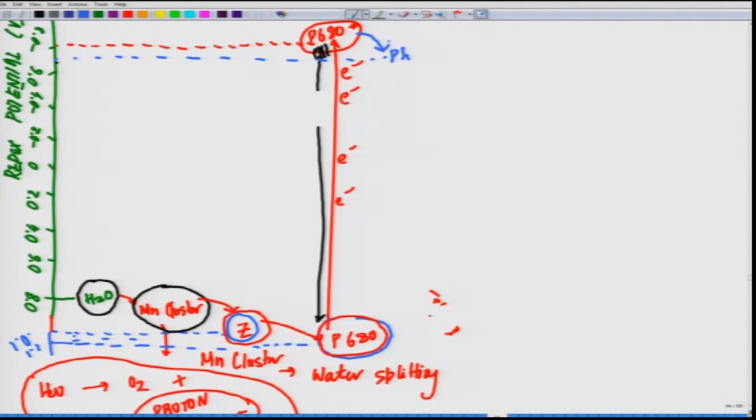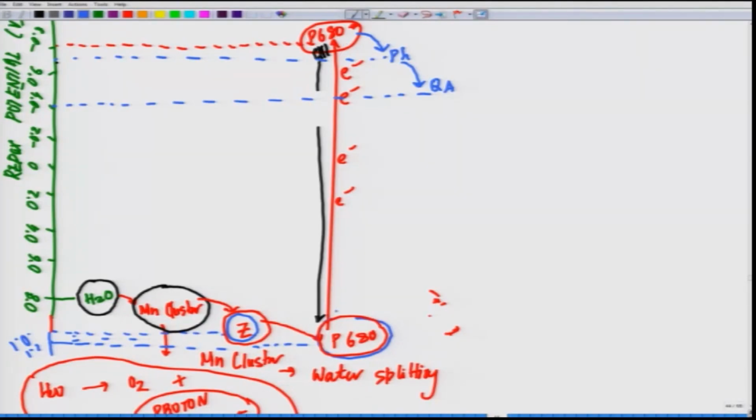From pheophytin, the next redox potential where it is going is 0.4, which is QA. As soon as you see this, technically QA has a higher power to accept an electron, but there is something very interesting. Spatially, in terms of space, pheophytin is much closer to P680.